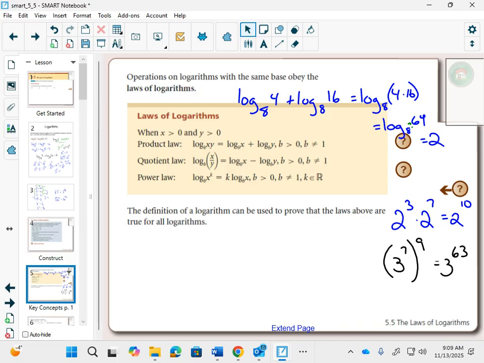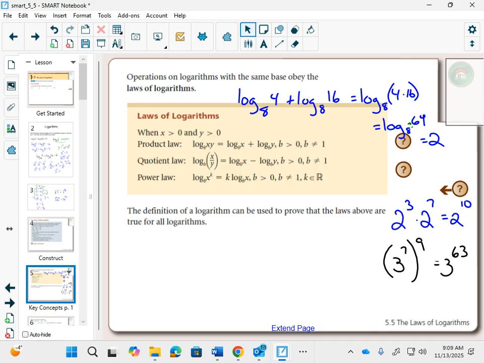So what we do in section 5.5 is we just get really good at using the laws without any context. What we're developing in this unit is skills first: what a logarithm is, what our log laws are.